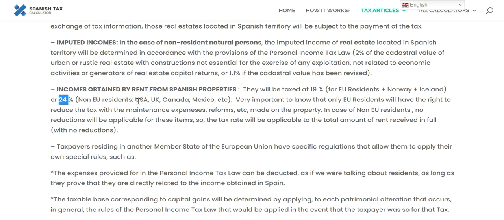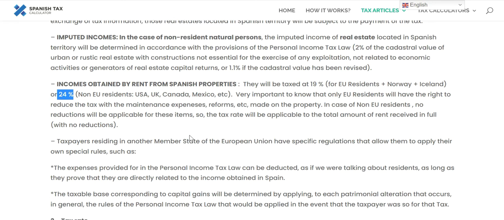For example, a citizen from the US is renting a house in Spain, and then he will be taxed at 24% of the incomes received from the property, and he will not be allowed to deduct the general expenses generated from the rental activity from the tax declaration to pay.